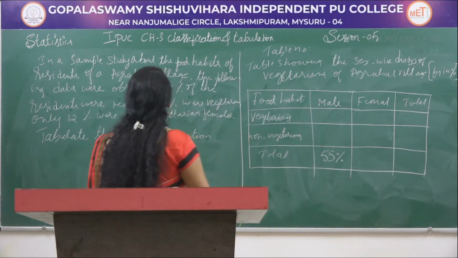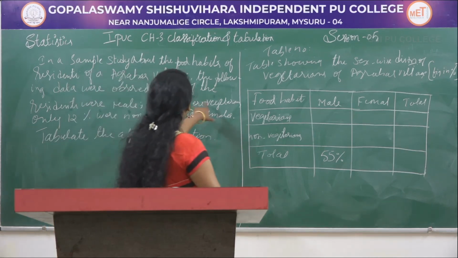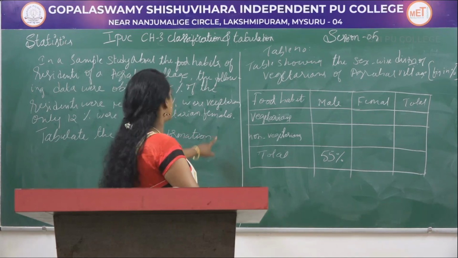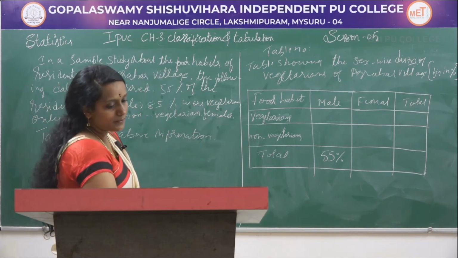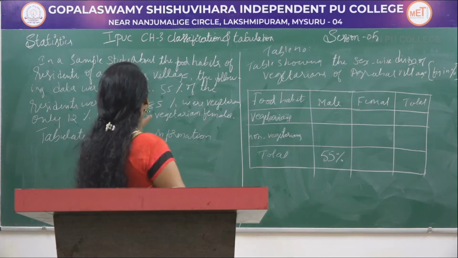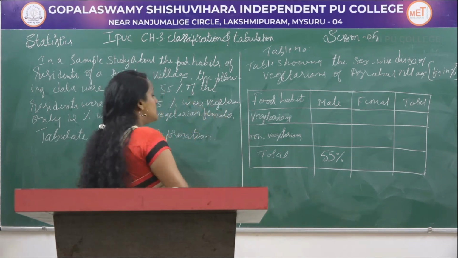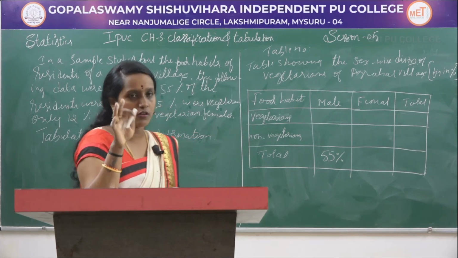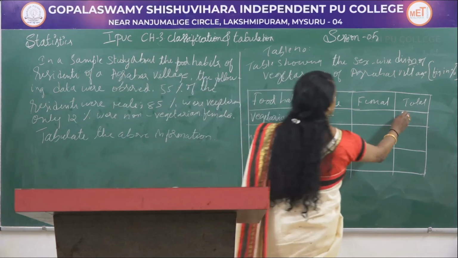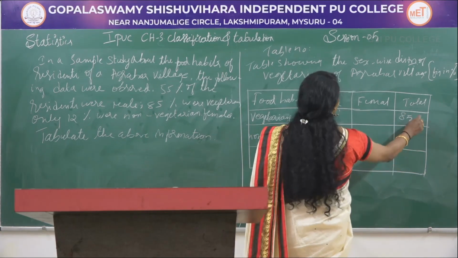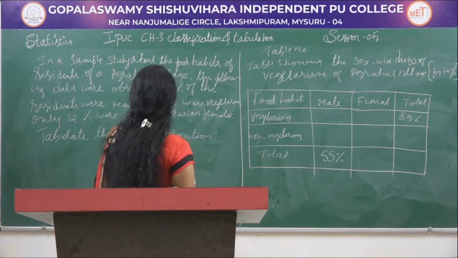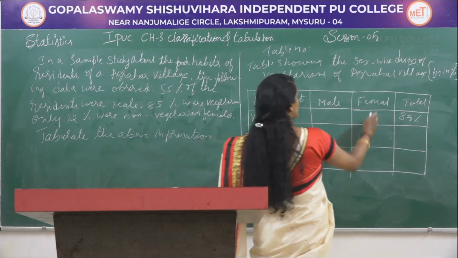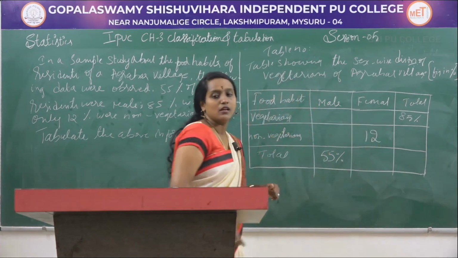Then 85% were vegetarians. They have not mentioned male or the female. So, total vegetarians are 85%. Okay. Next, 12% were non-vegetarian females. Non-vegetarian female is 12%. Got it?